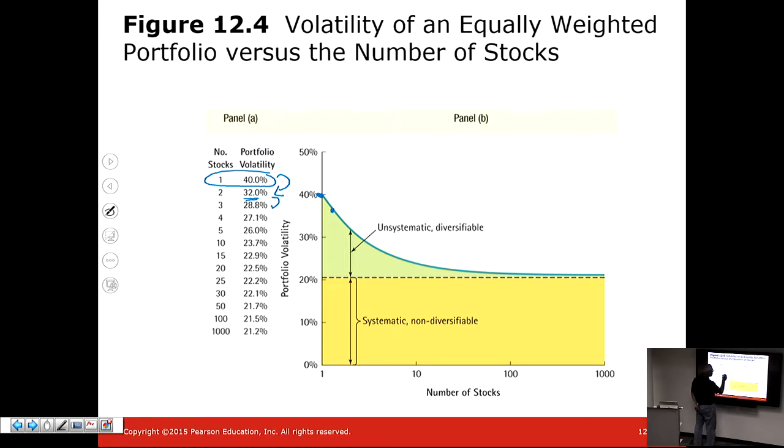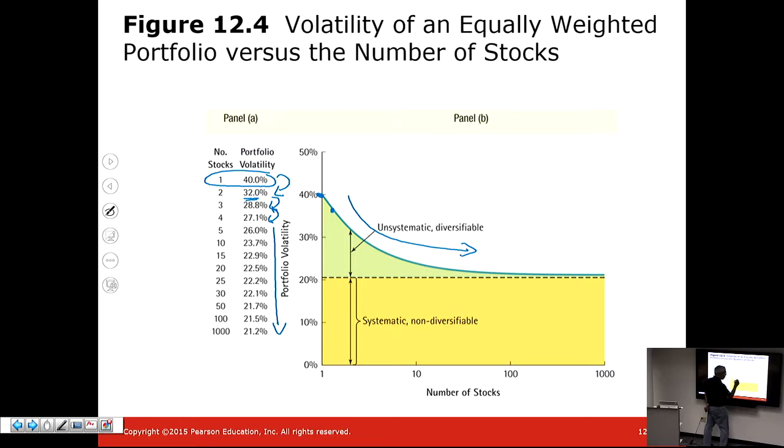When I add a third stock, I reduce the risk of my portfolio further. I add a 4th stock, I reduce the risk of my portfolio further, and I keep on doing that until I get to 1,000 stocks. And then I take all that and I plot this over here. And what does that plot show? That as I add more and more stocks to my portfolio, overall risk decreases.